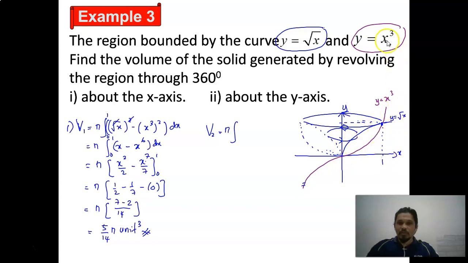Substitute x equals 1 into this function equation here: 1 cubed also equals 1, meaning y also equals 1. Look at this graph now.